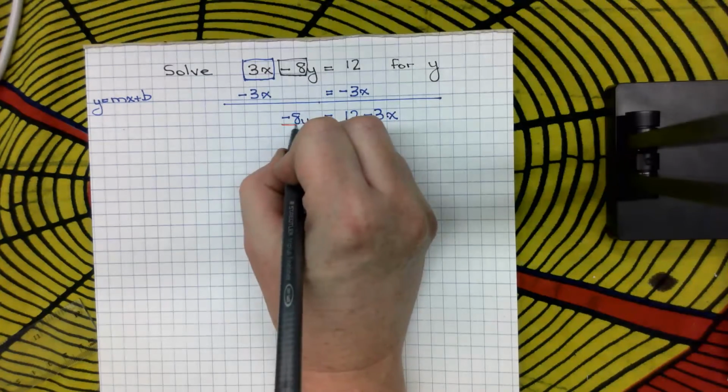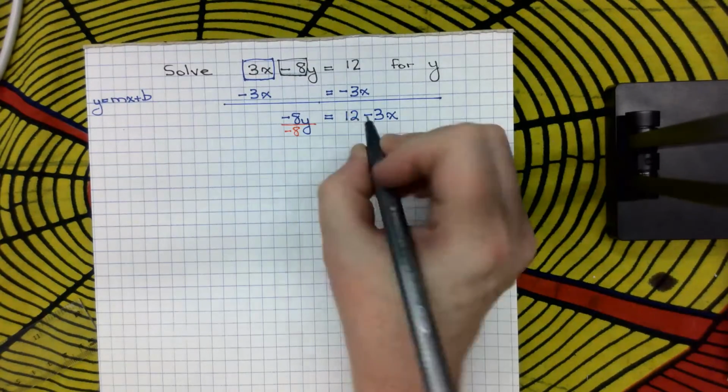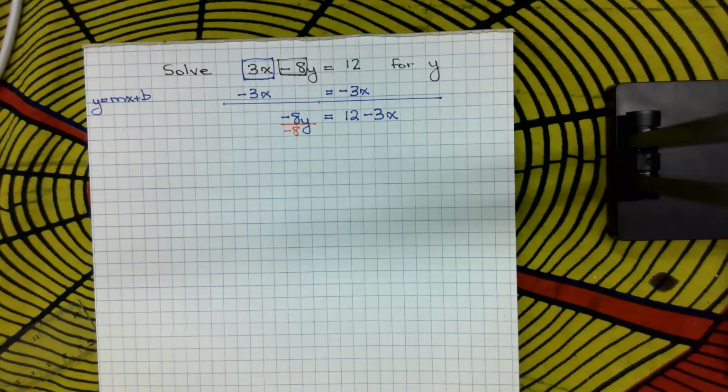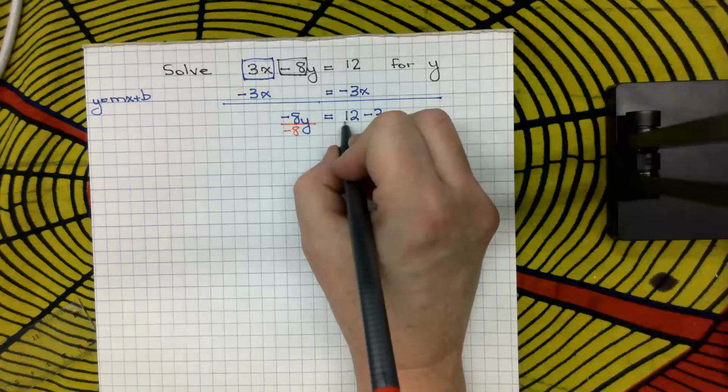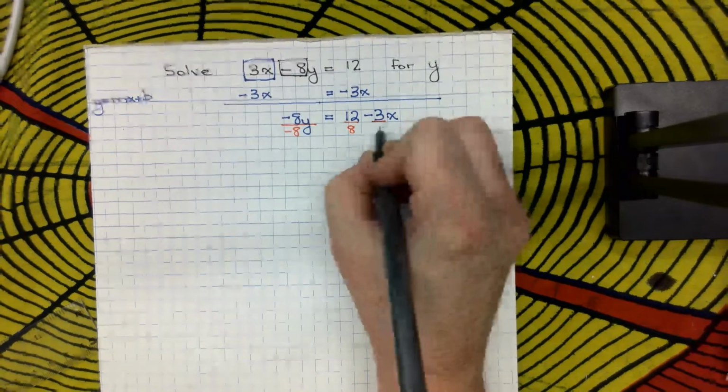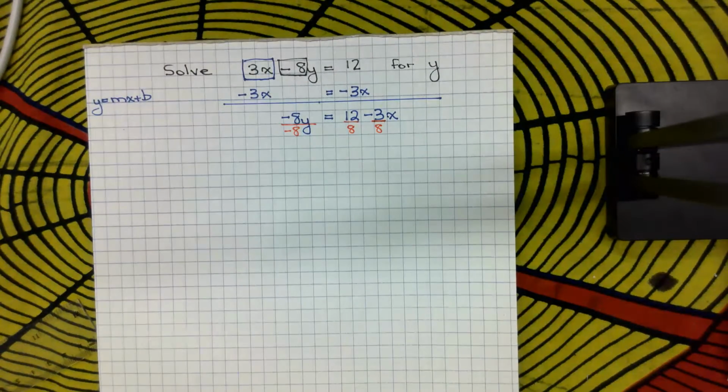So I'm going to divide this by negative 8. Now, again, whatever I do to one thing, I have to do to everything because I want to maintain that equality. So that means I'm going to divide the 12 by 8, and I'm going to divide the negative 3 by 8. And so now I have maintained that equality.